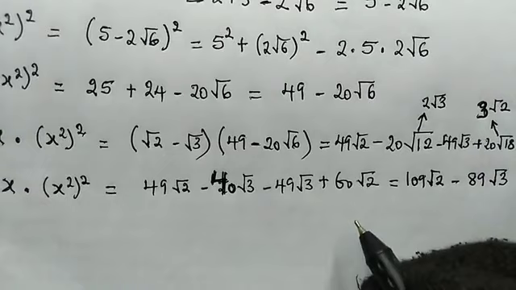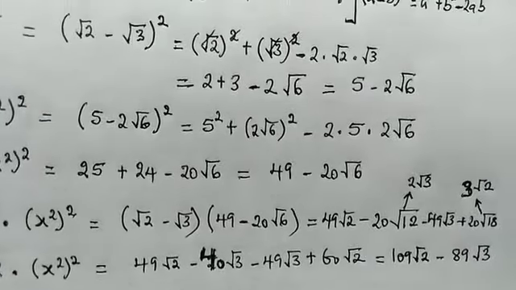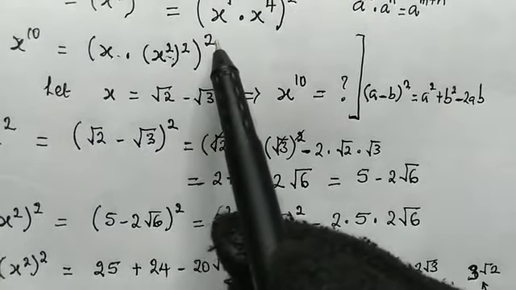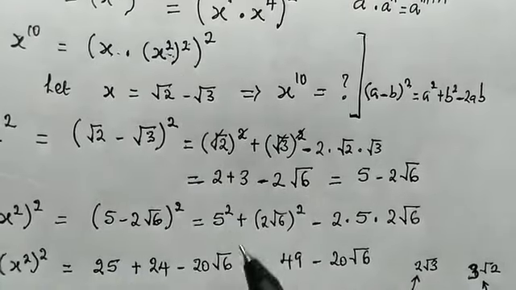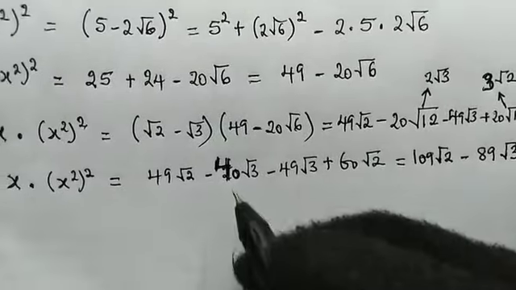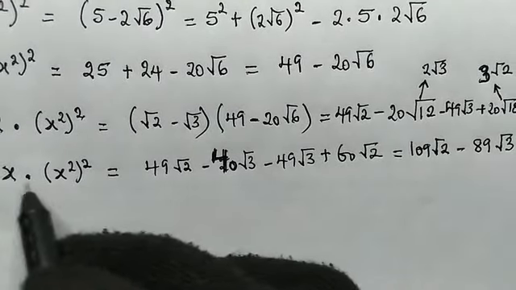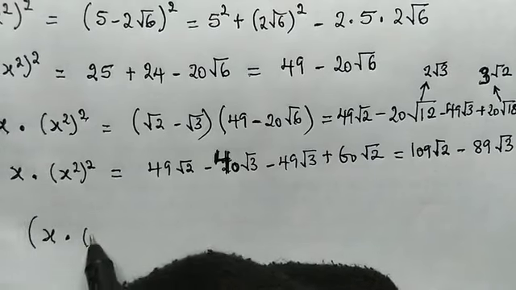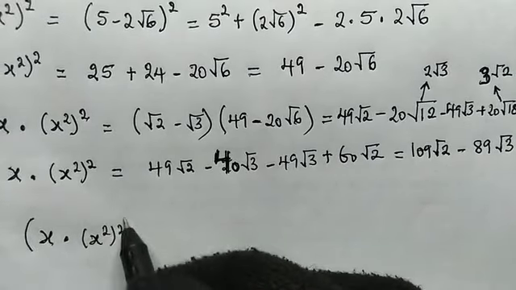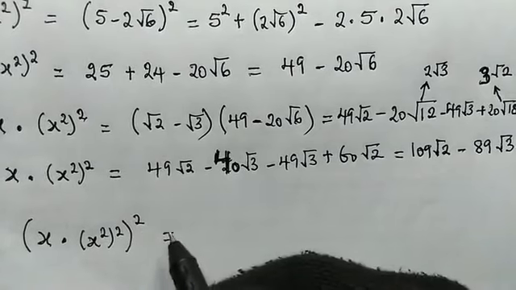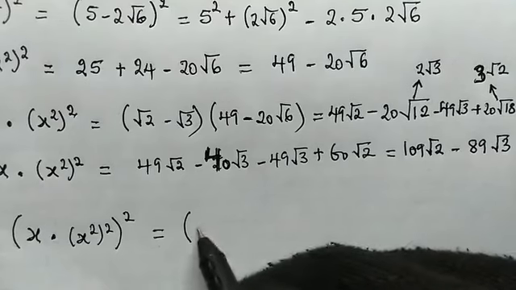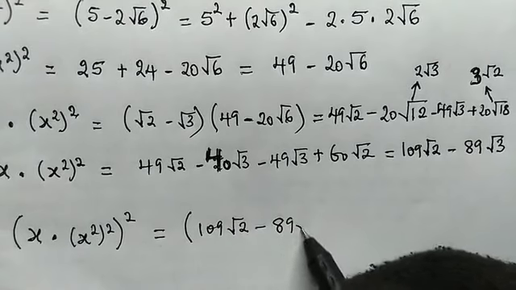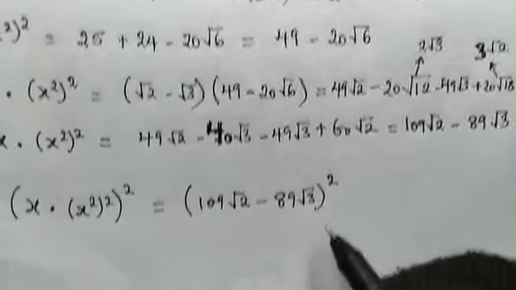Okay. So from here now, remember that our solution is going to be square of x times the square of x squared, right? So now our final step is to square x times x squared squared, right? So here we get x multiplied by x squared squared, so the square of it, which will be equal to 109 root 2 minus 89 root 3 squared.